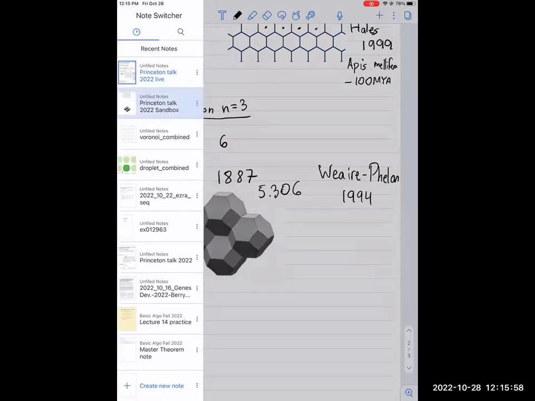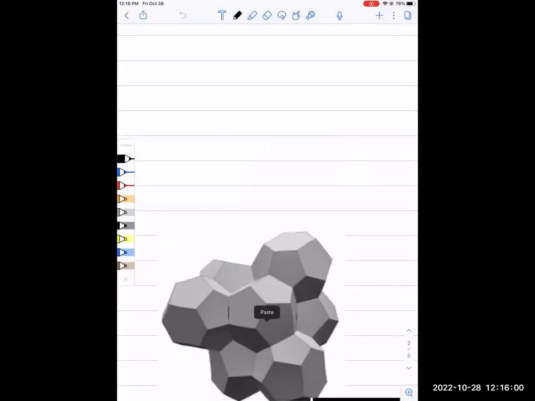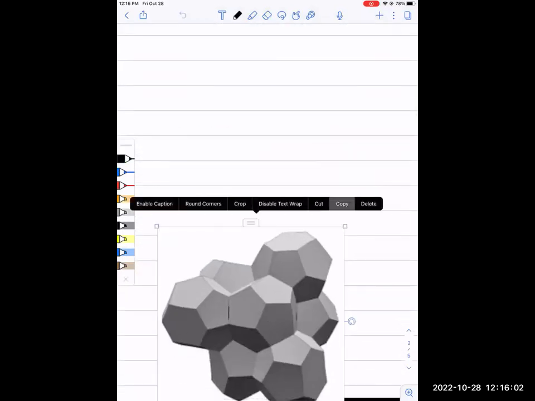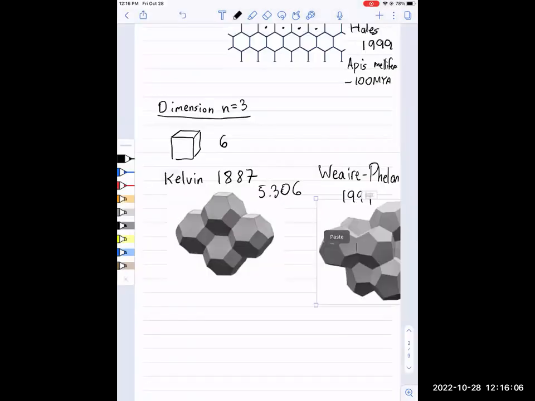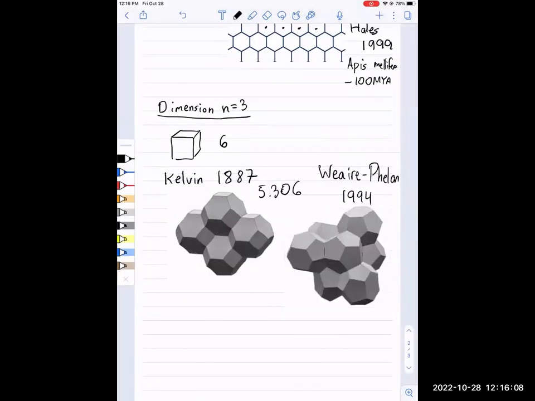There is a crystal that is formed, called the clathrate, and it actually forms a more efficient structure. You can see it here. It's not the same translation of the same shape over and over again. So it's more involved in that sense, and it gives a slightly better surface area of 5.288.